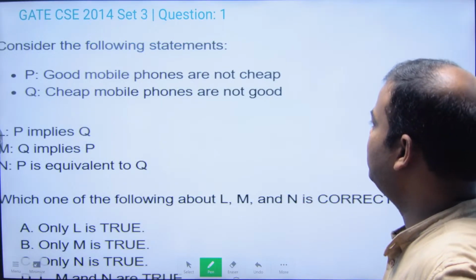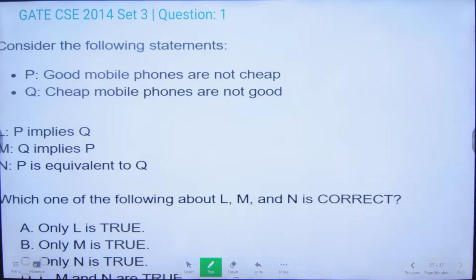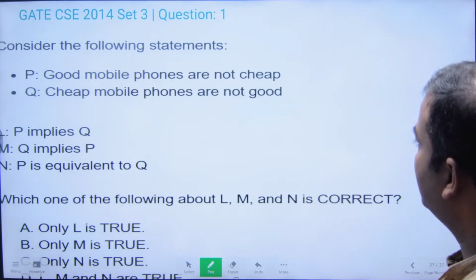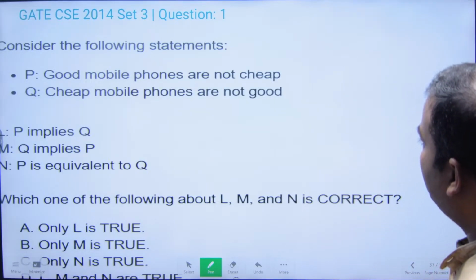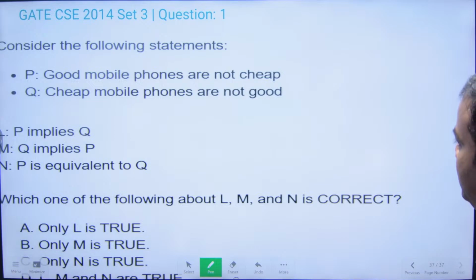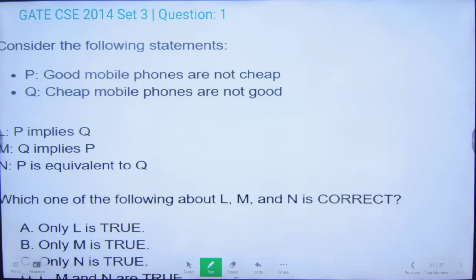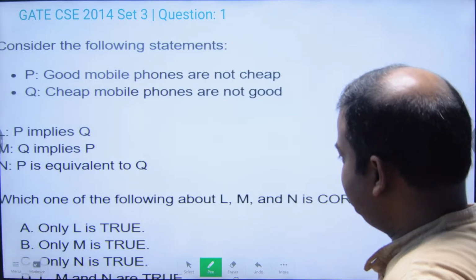Now come to this one. Good mobile phones are not cheap. Cheap mobile phones are not good. Are both the same statement or different ones?